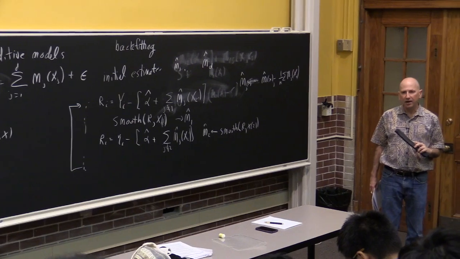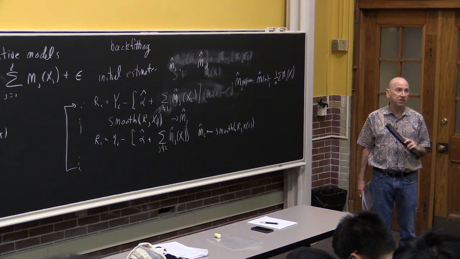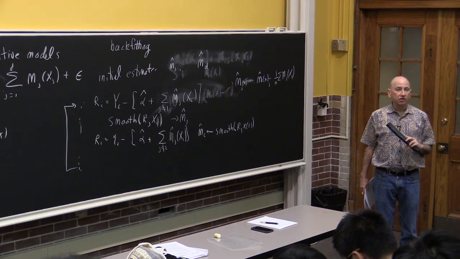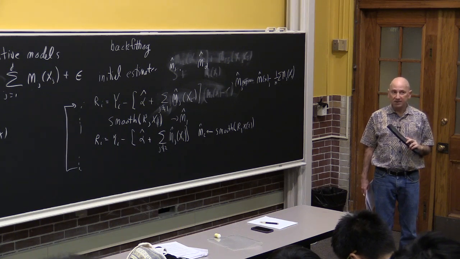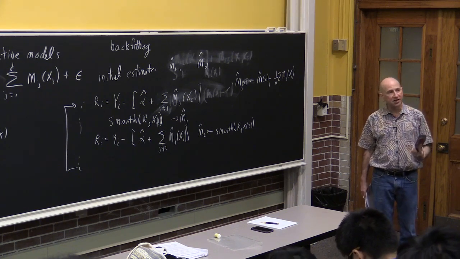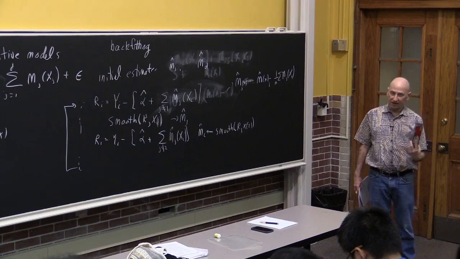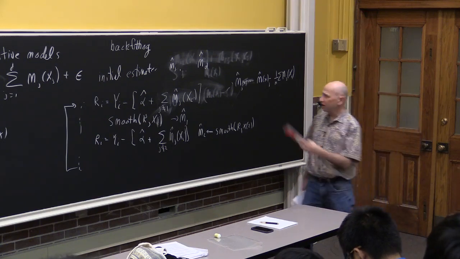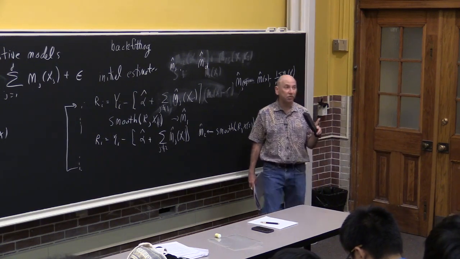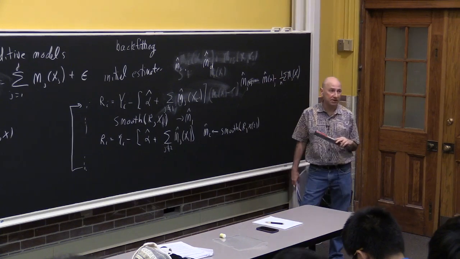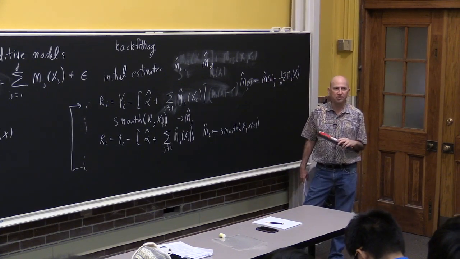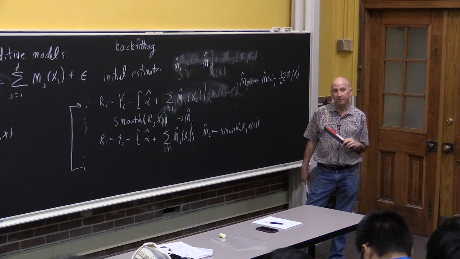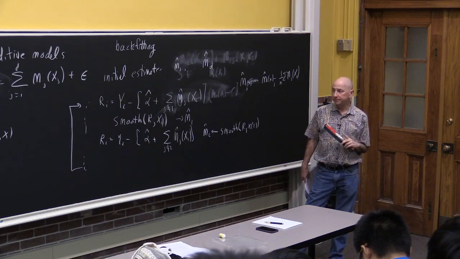Probably, if we had a lot of computing time, I would say a different smoothing parameter for each function. That's a lot of work because then you have to do cross-validation over d different smoothing parameters. So in practice, people often use a common smoothing parameter, so there's only one to pick, but that may or may not be optimal. Probably not optimal. So there's a trade-off there in computing time and optimality.